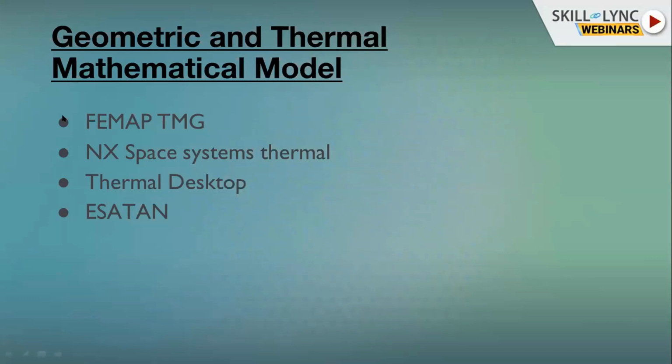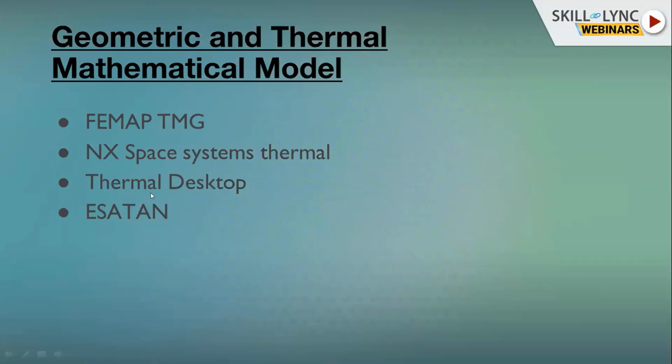There are some softwares which are used for this purpose, that is FEMAP TMG. It is a software from NX, and FEMAP is basically a structural software which has a module called TMG, Thermal Model Generator. Then we have NX Space Systems Thermal, which is widely used commercially in many companies.